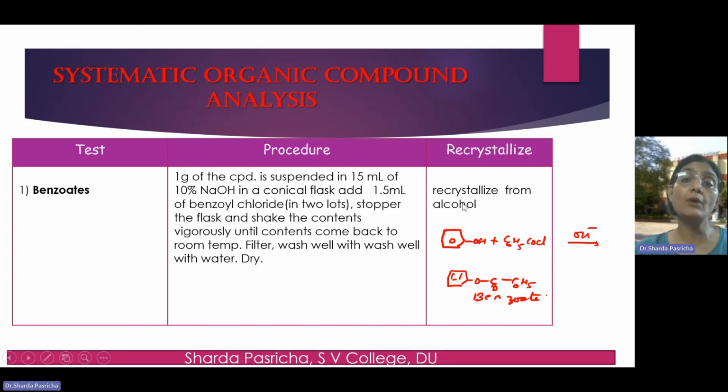When you take the melting point of the recrystallized sample, you have to go back and check your list of probable compounds. So for example, you find that the melting point of your compound is say 110 degrees centigrade, and you find that your compound is a phenol. So you will go back to the book.